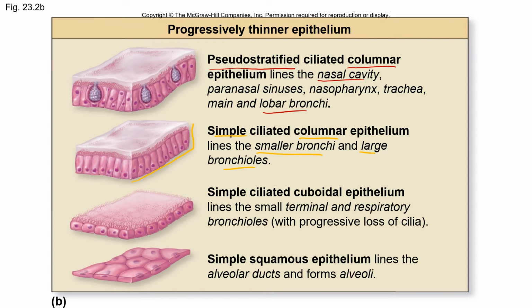Deeper still, in the terminal and respiratory bronchioles, we have simple cuboidal epithelium. They say this is ciliated, but I have not necessarily seen that to be true in looking at slides. You often do not see cilia at that level. And then in the alveolar ducts and alveoli, we have simple squamous epithelium that forms these little rectangular blocks.